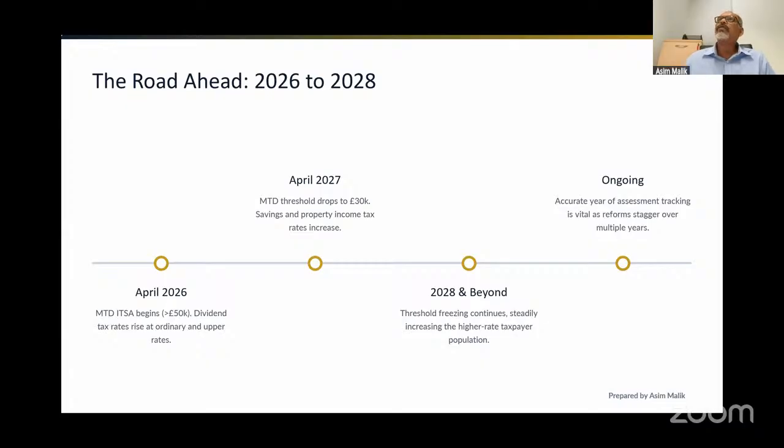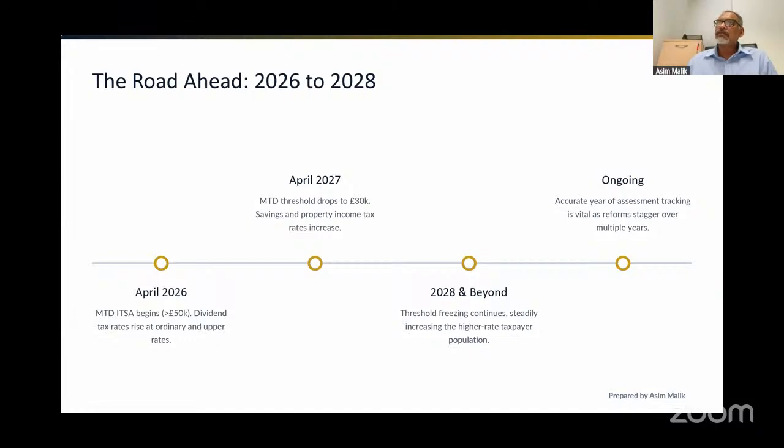The biggest jump was in 2010 when the coalition government came in and started increasing the personal allowances massively. But for the last few years, I would say since COVID, it's been frozen.